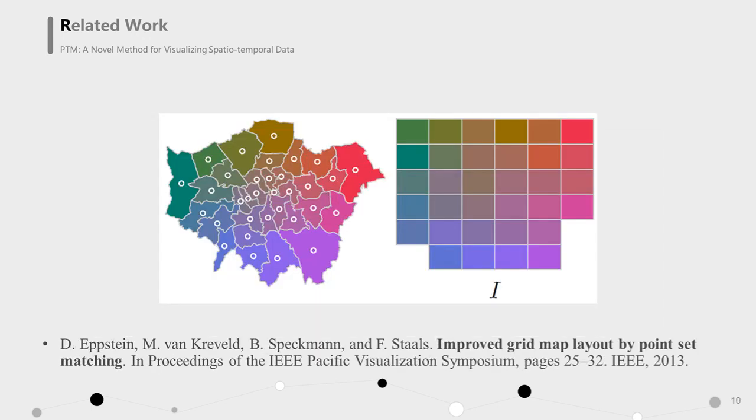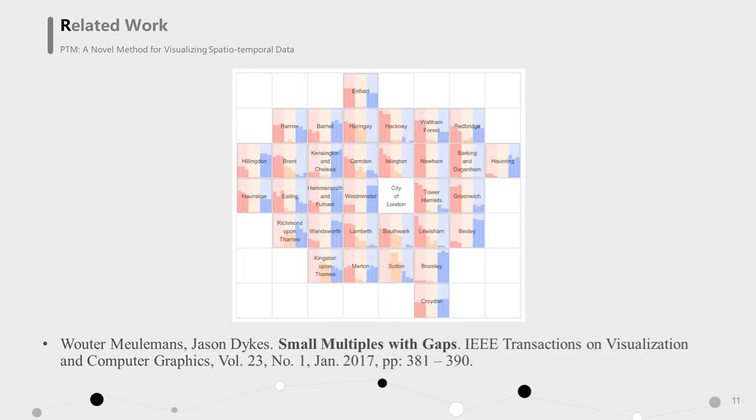The following research is related to tile maps. The first one generates a tile map by calculating the relative relationship between the administrative regions. The next article improves the layout through the simulated annealing algorithm and puts in a simple bar graph.